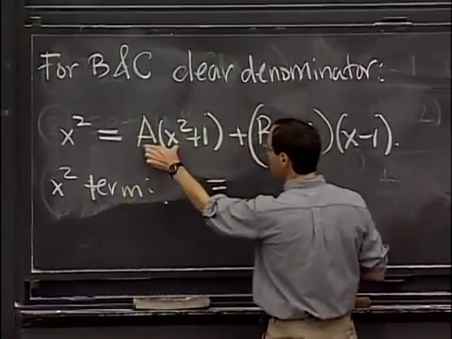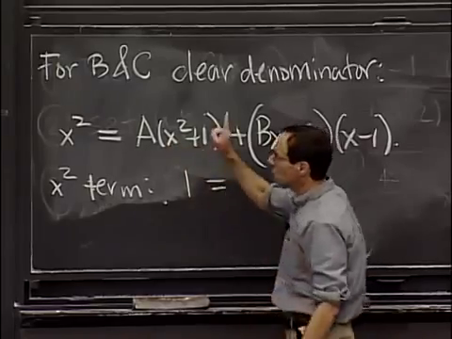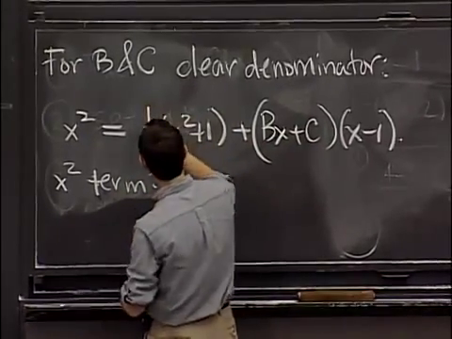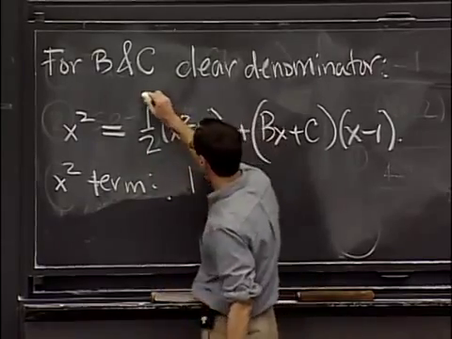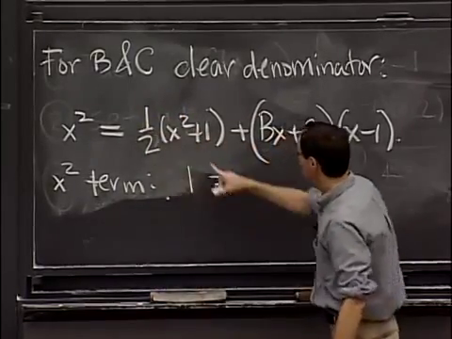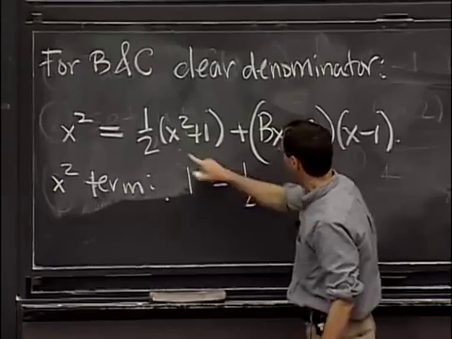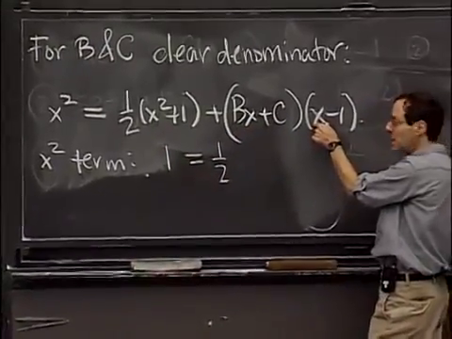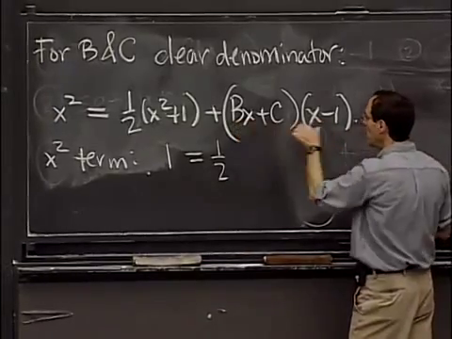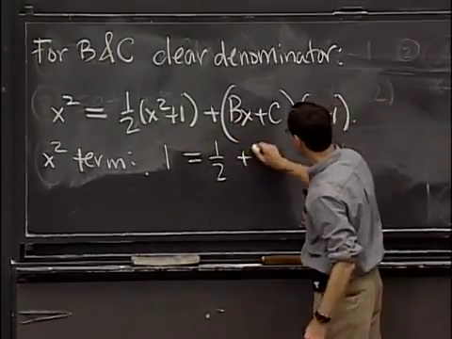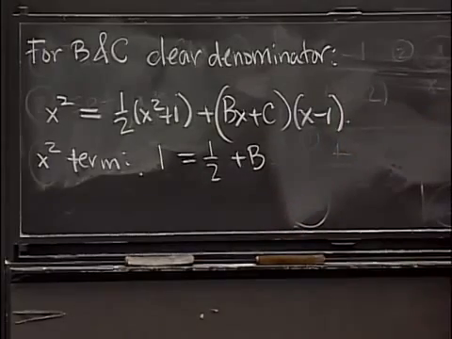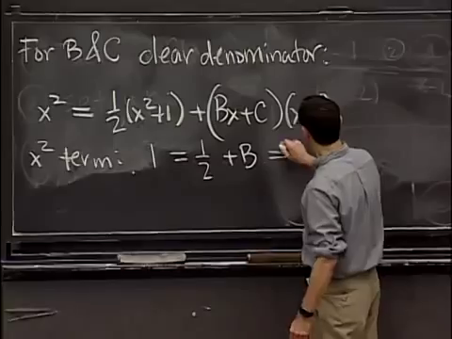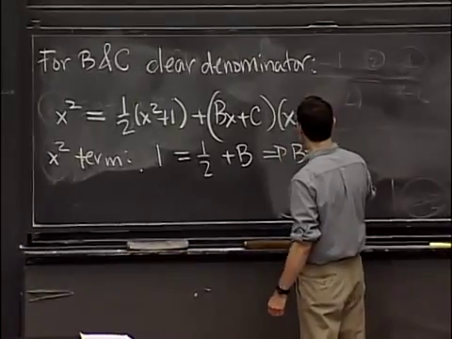On the other side, it's A, but remember, I actually have A. So I'm going to put it in, it's a half. All right, so this is the A term. And so I get a half times x squared. And then the only other x squared is when this Bx multiplies this x. So Bx times x is Bx squared. So the other coefficient on x squared is B. And that forces B to be a half.